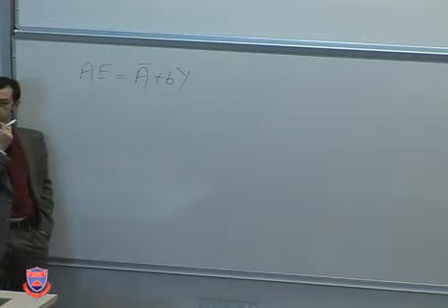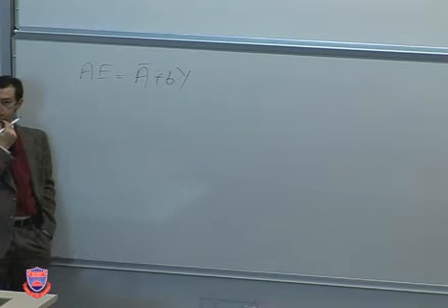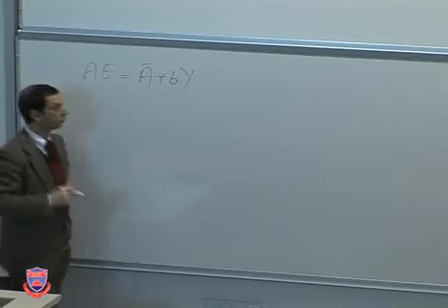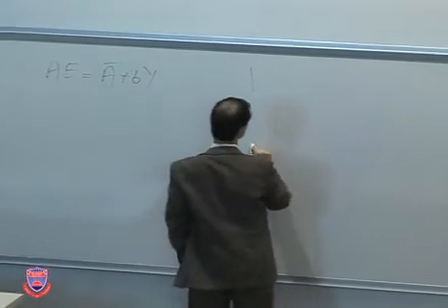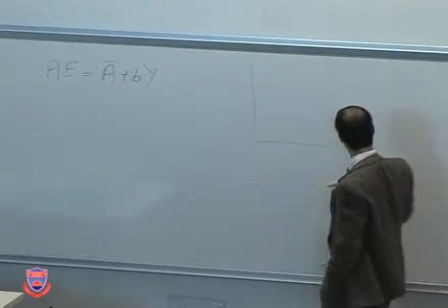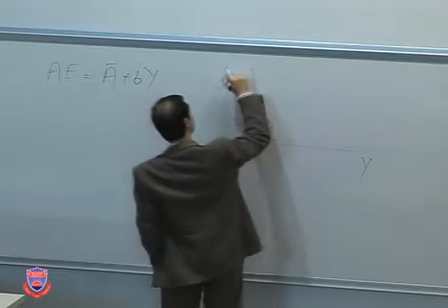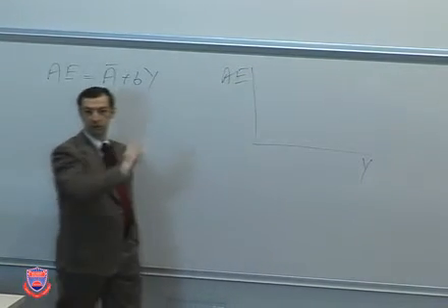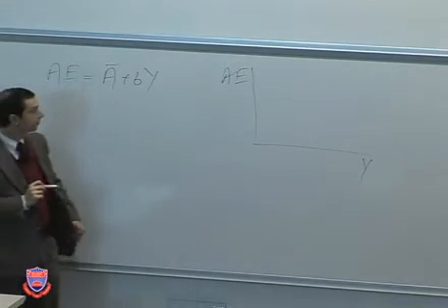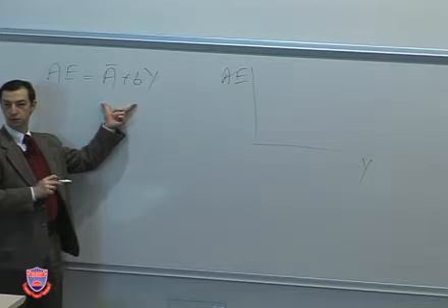Can I draw a graph of this? I'm very adventurous, so I'm going to have Y here and aggregate expenditure here, and I'm going to plot the relationship between these two. Do I know how to plot this?